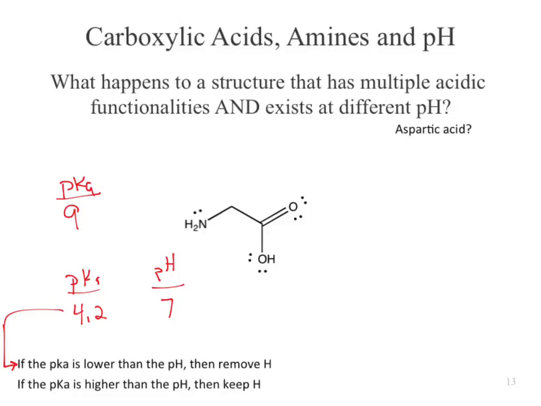This becomes super important when we look at how different functional groups, and in particular amino acids, react. Name of this amino acid? I think I got that as aspartic acid. What's the issue with this amino acid?